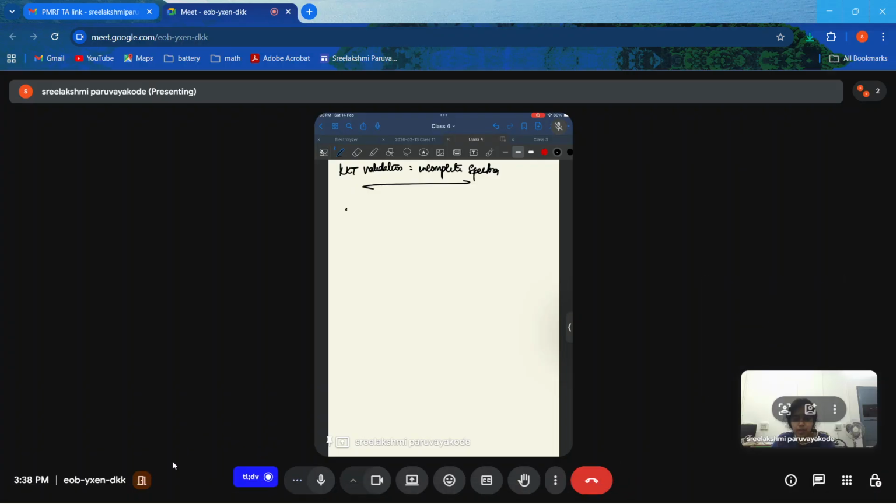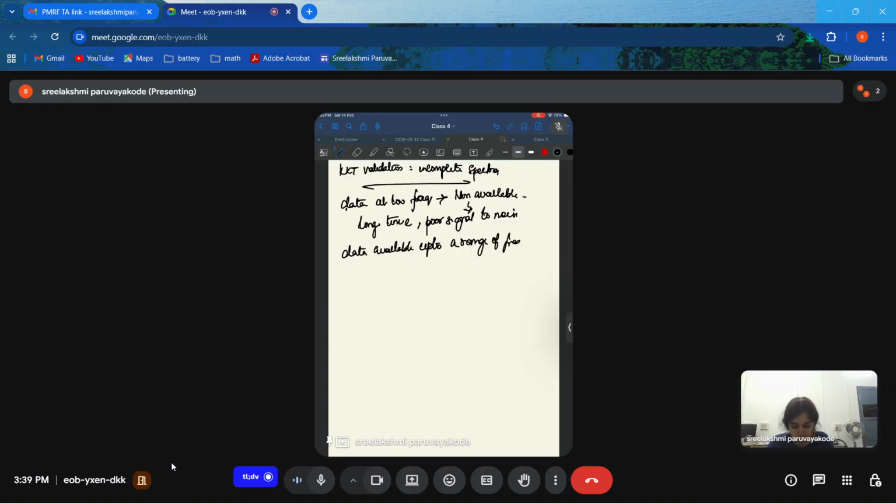Okay, I'll just write the key points. Data at low frequency, or low omega value, is not available because of the long time and poor signal to noise, and you have data available only up to a certain range of frequency.